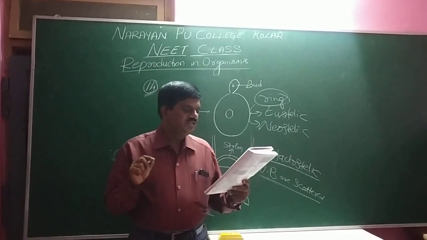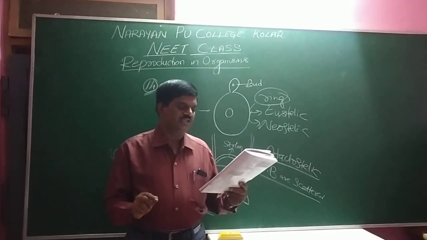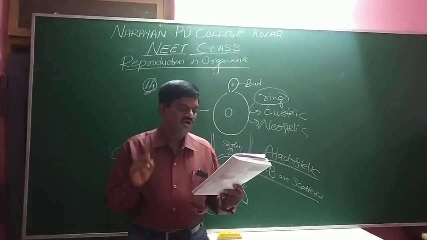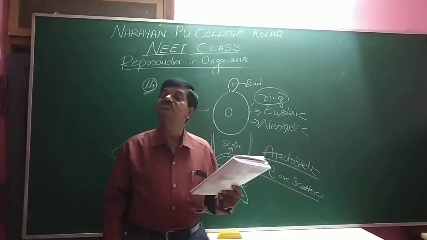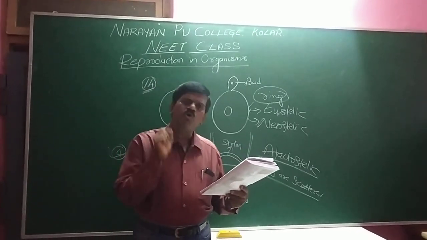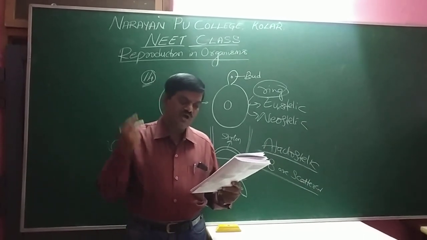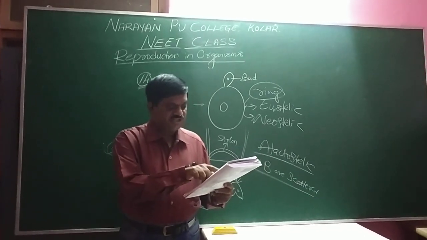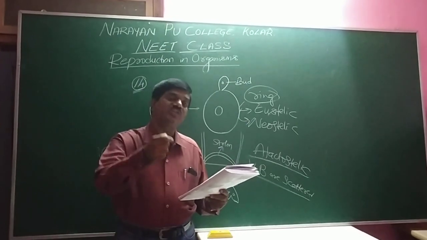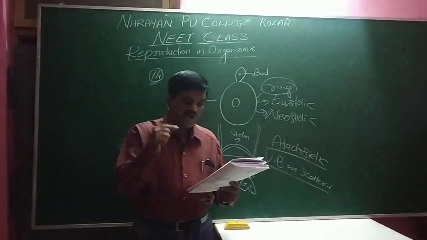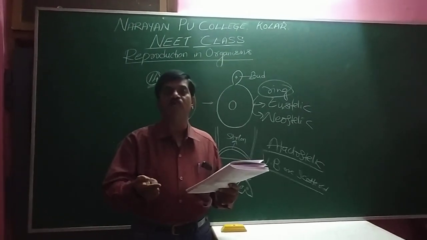Third statement. Events in sexual reproduction before the formation of a zygote are called post-fertilization events. Here, the word post represents after. Post means after. So here, events in sexual reproduction before the zygote is wrong. It should be present after the formation of the zygote.